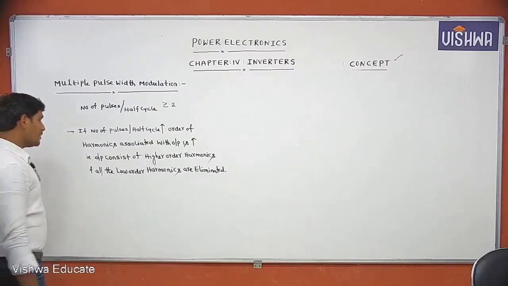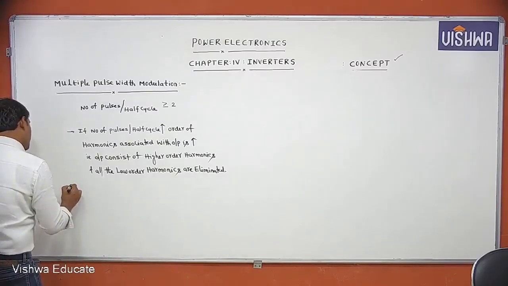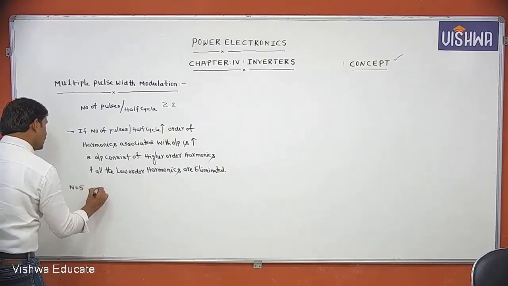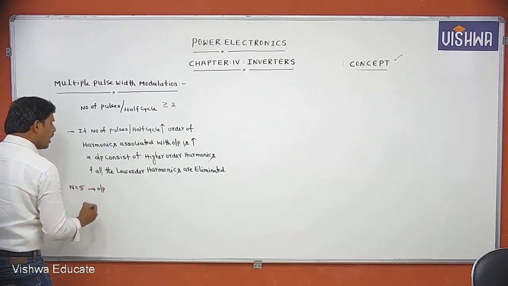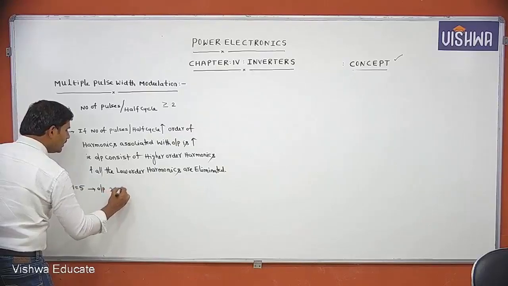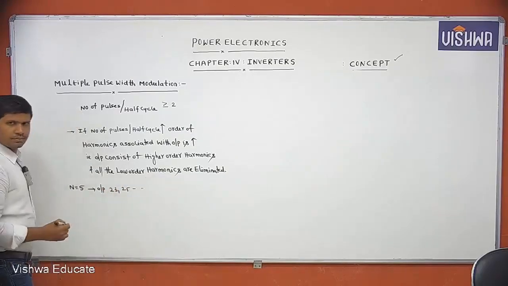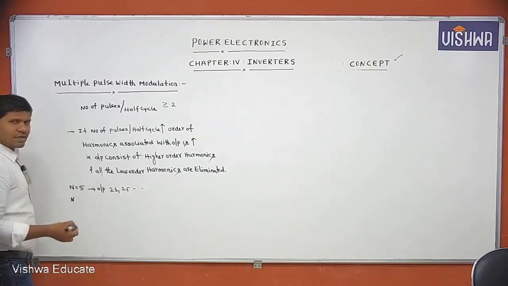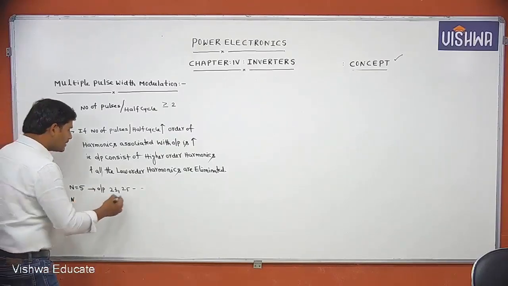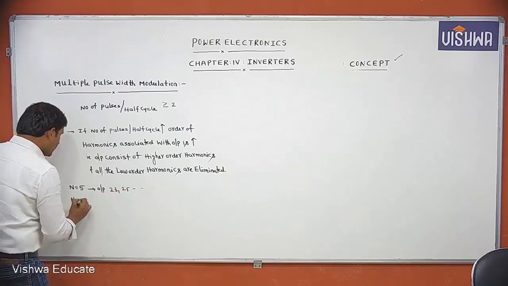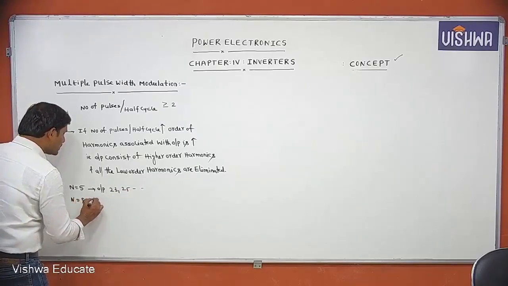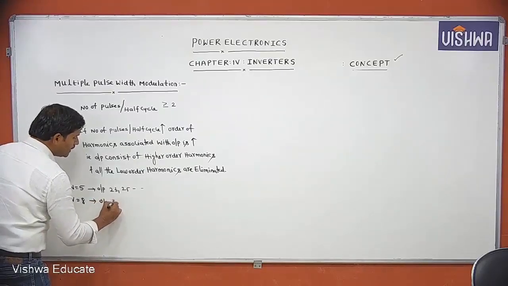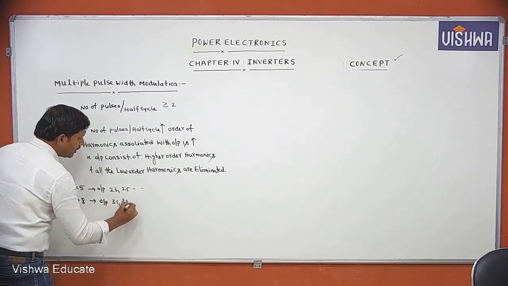For example, if there are 5 pulses per half cycle, let us assume that the output consists of harmonic orders 23, 25 and so on. Just as an example, this is not exact harmonics: when I generate 8 pulses per half cycle, then the output may consist of the 31st, 33rd and so on.